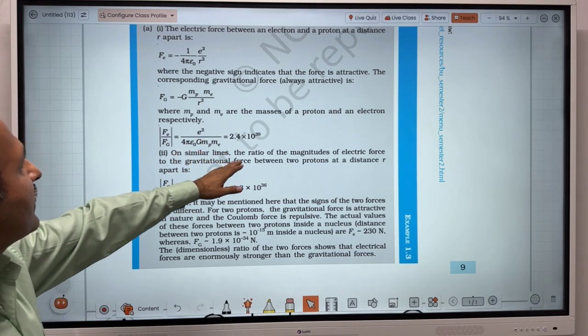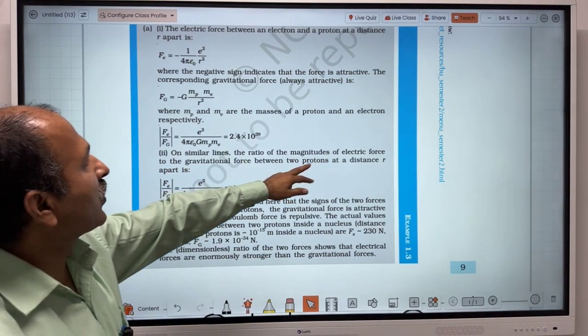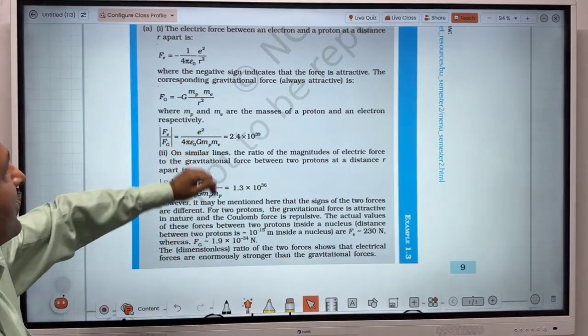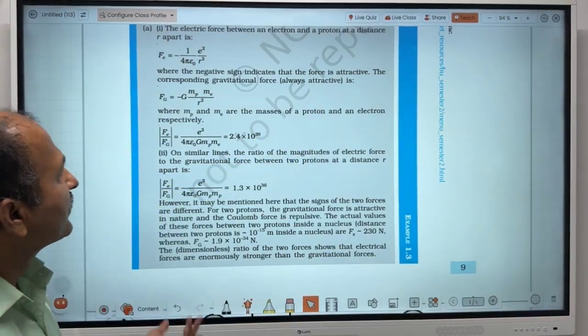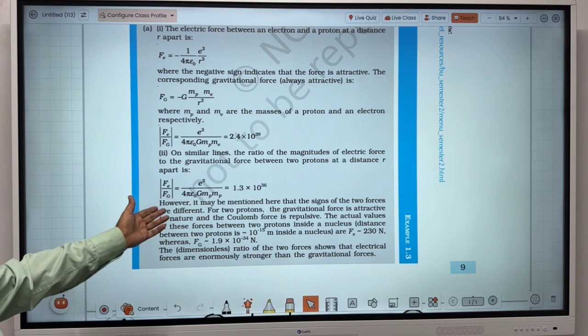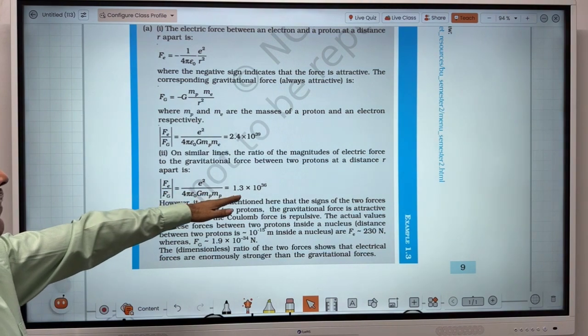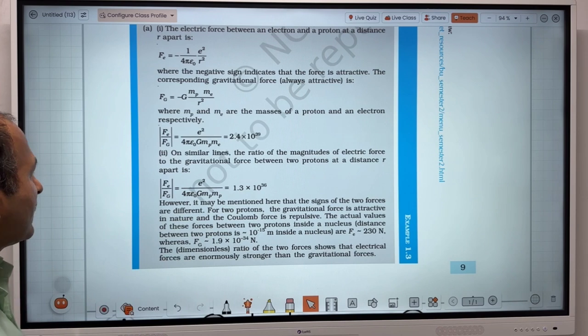On similar lines, the ratio of magnitude of electric force to the gravitational force between two protons. In the previous case, we have considered a proton and an electron. The same thing we can do in terms of two protons. Then the ratio will be little smaller. This time this will be 1.3 into 10 power 26, and that is over. I think you can easily calculate.